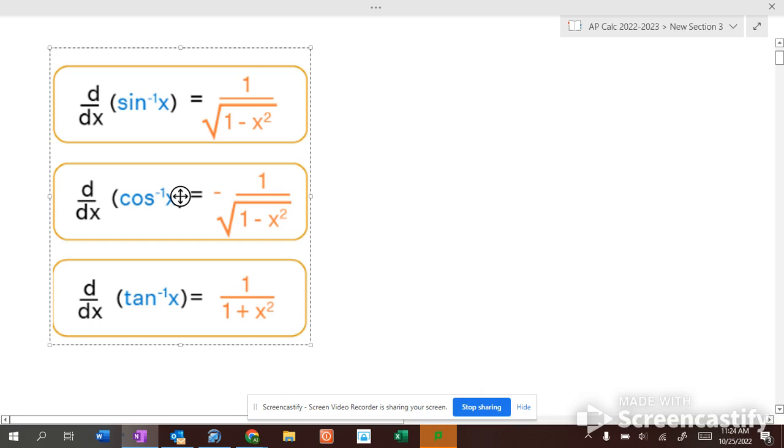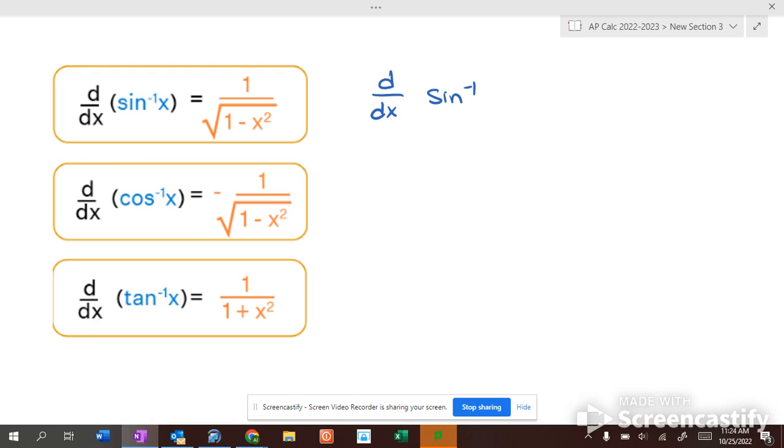Now, what I want you to also write down is the first derivative of the inverse sine of f of x equals 1 over the square root of 1 minus f of x squared times the first derivative of f of x. So if you have more than just an x there, that's what we're saying.